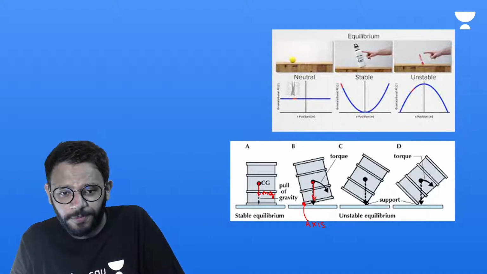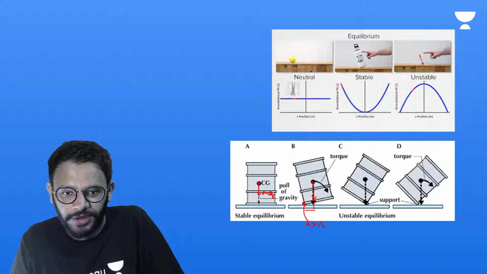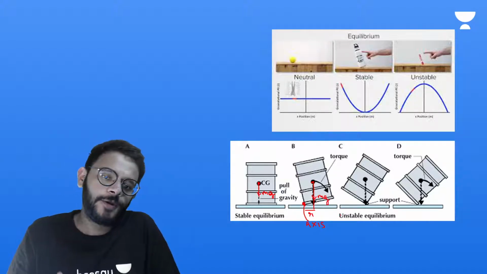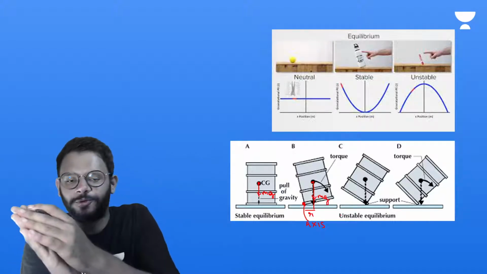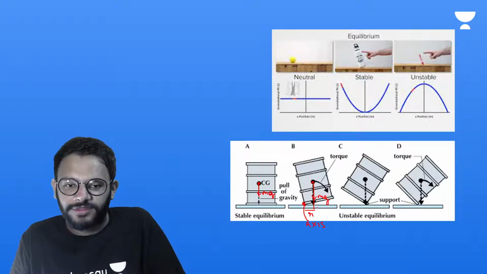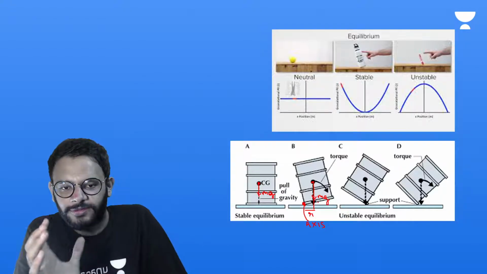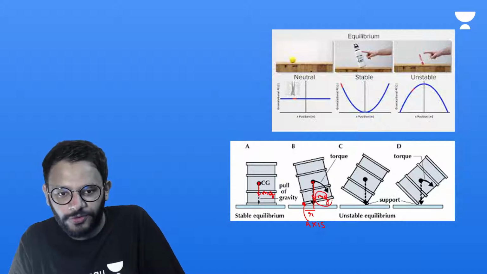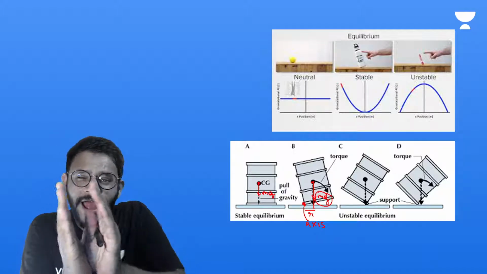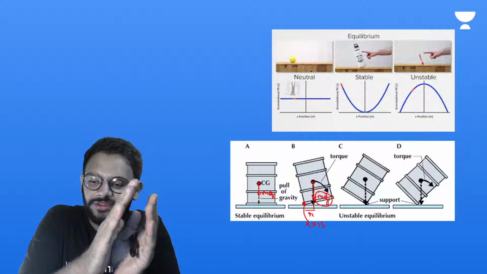The torque produced by this force, so the perpendicular distance r, is not enough to entirely topple it over. What I mean is that if I'm rotating it like this, the torque produced by this mg force is going to take it back to its original configuration.